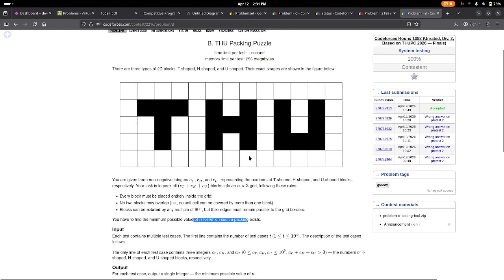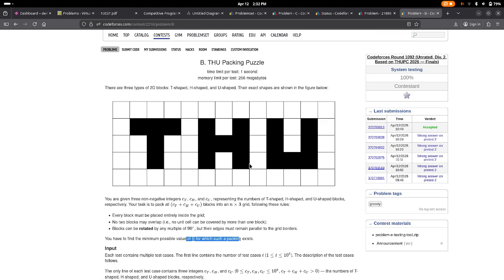And so today we will be trying to understand question B from today's contest round 1092, division two. So let's read the question. The question name is THU Packing Puzzle.